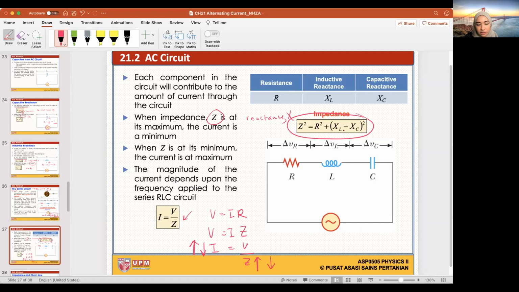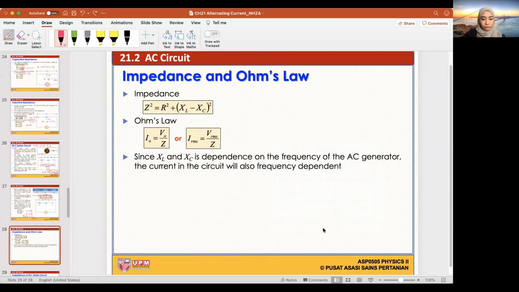Where was I? Okay, so this is the equation. Z squared equals R squared plus XL minus XC, squared. Ohm's law says I naught equals V naught over Z, or IRMS equals VRMS over Z. Let's just say it's Ohm's law for now.